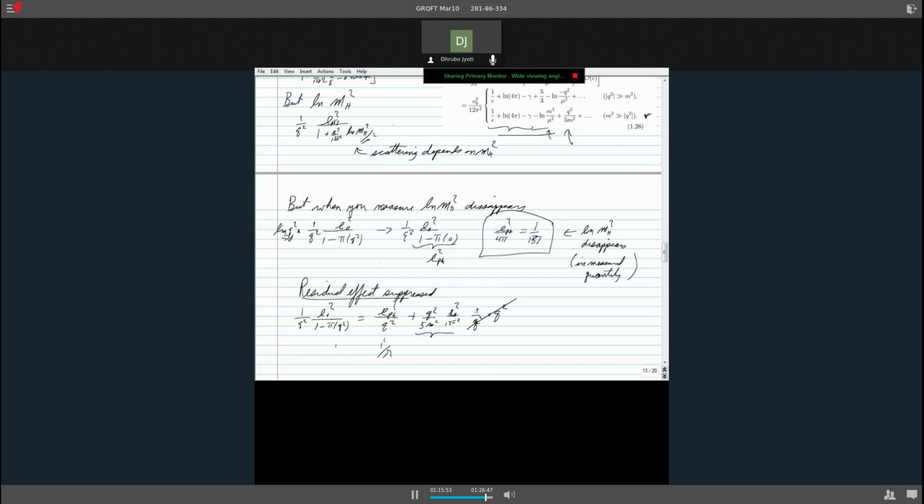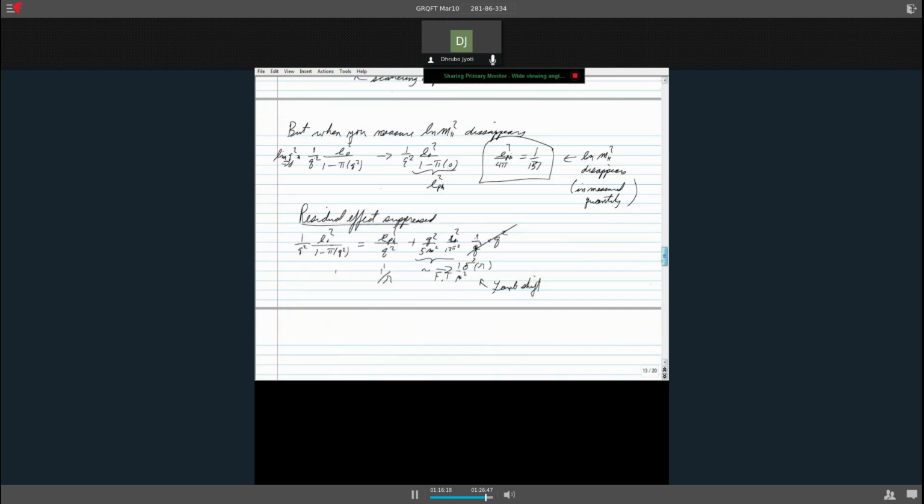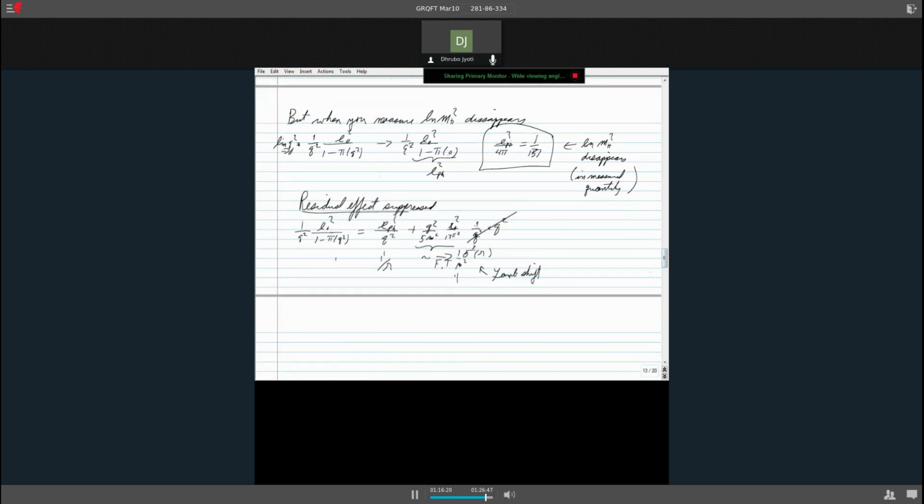You don't need to know the log of the heavy mass. The residual effect is suppressed. The residual effect comes from the q squared over m squared.